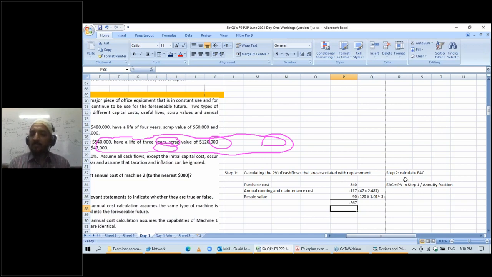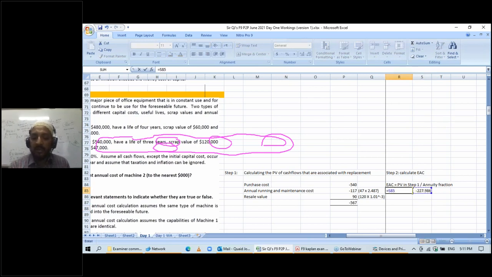In the next step, what I calculate is the annuity. So EAC is basically the annuity. The present value in step 1 is minus 567, and I will divide this 567 by the 3 years annuity fraction, because the cost is for 3 years, which is 2.487. Dividing this gives me the EAC.